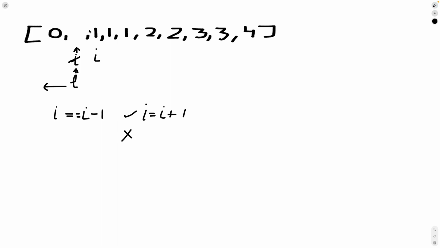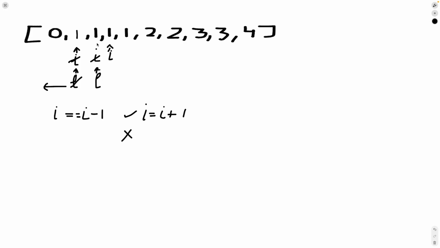So this element I'm going to write over here, and the L pointer I'm going to move to the next position, and my I also moves to the next position to compare.